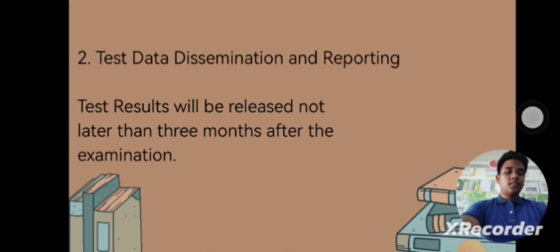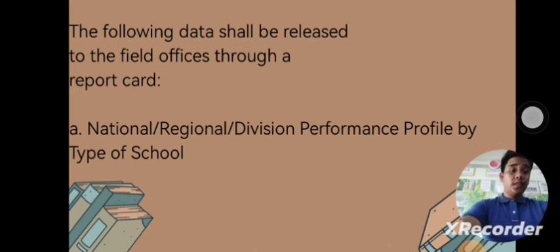So after the examination, not later than 3 months, the results are being released or disseminated. Next, the following data shall be released to the field offices through a report card: A, national regional division performance profile by type of school.